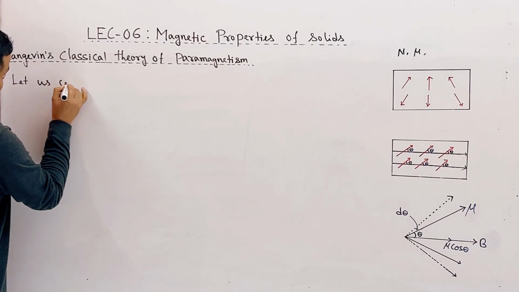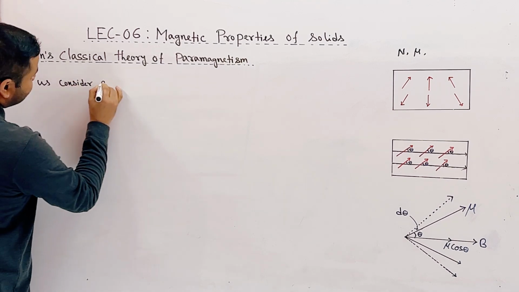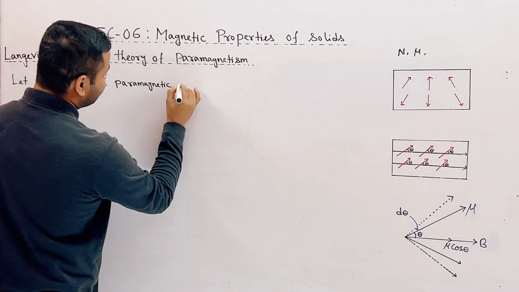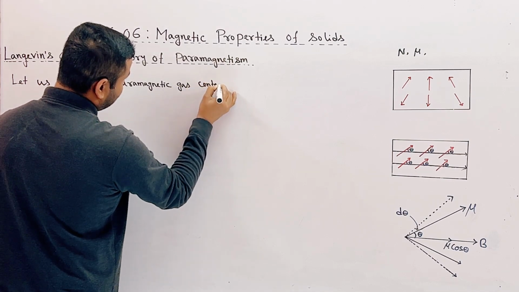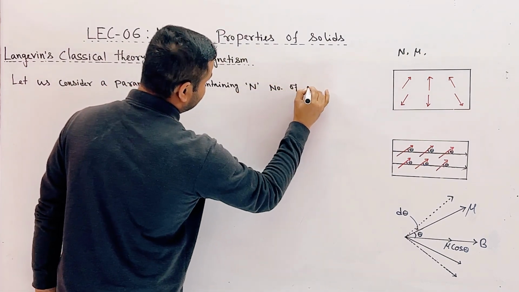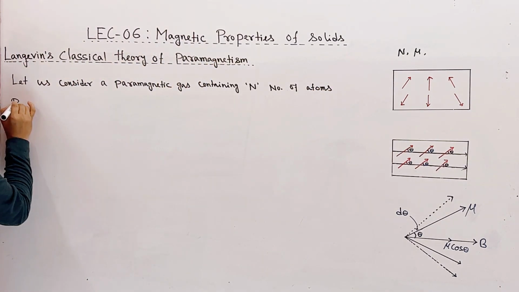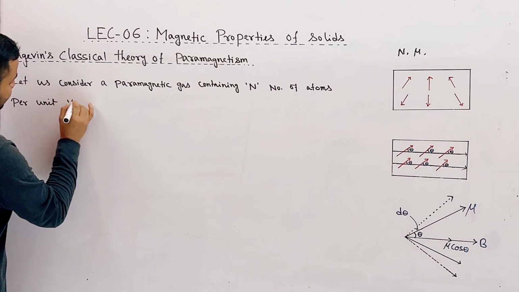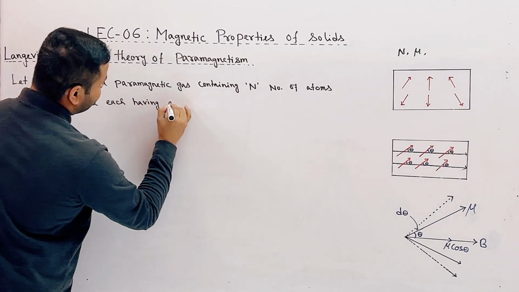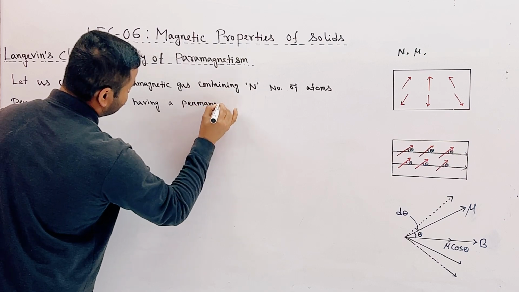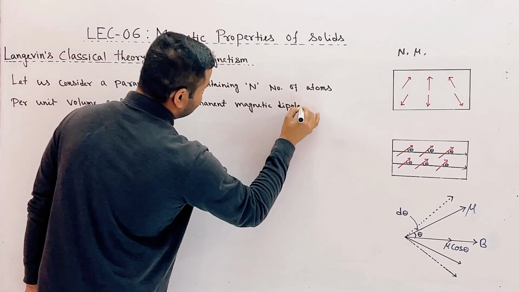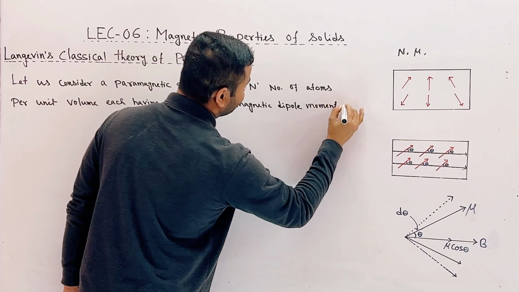Let us consider a paramagnetic gas containing n number of atoms per unit volume, each having a permanent magnetic dipole moment mu.